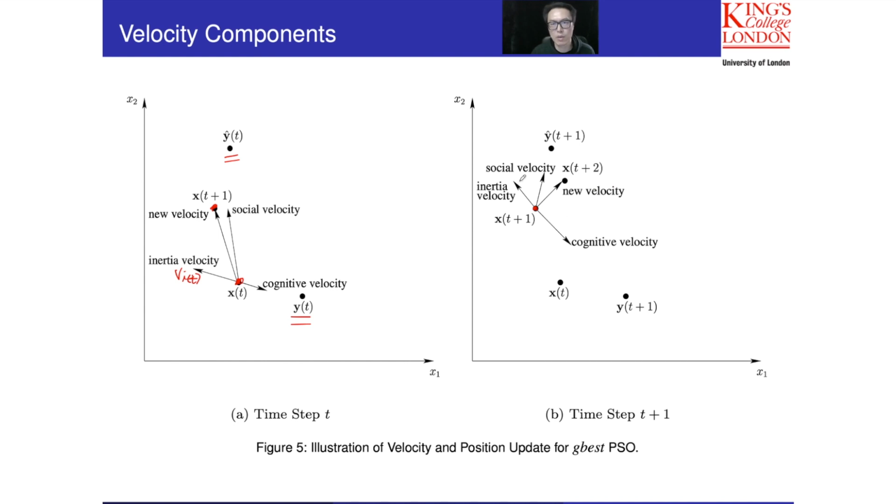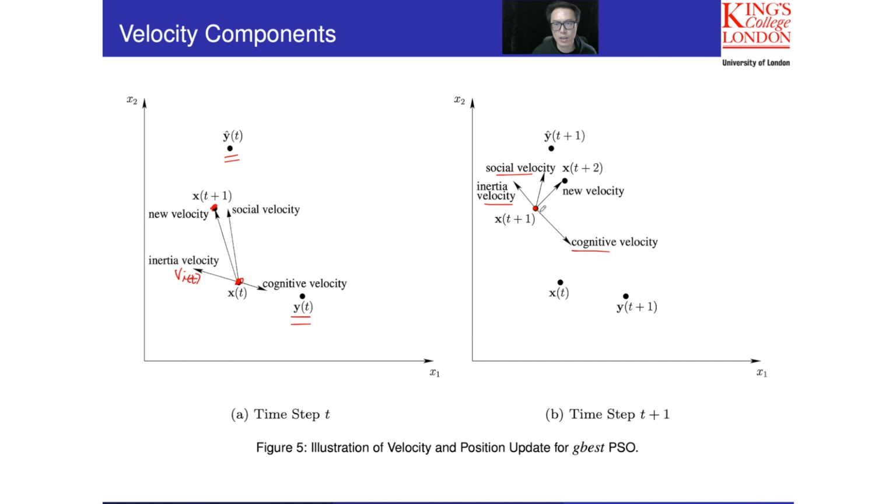This time we still have the three components: inertia velocity, social velocity, and cognitive velocity. Now this component has a heavy weight, for whatever reason.